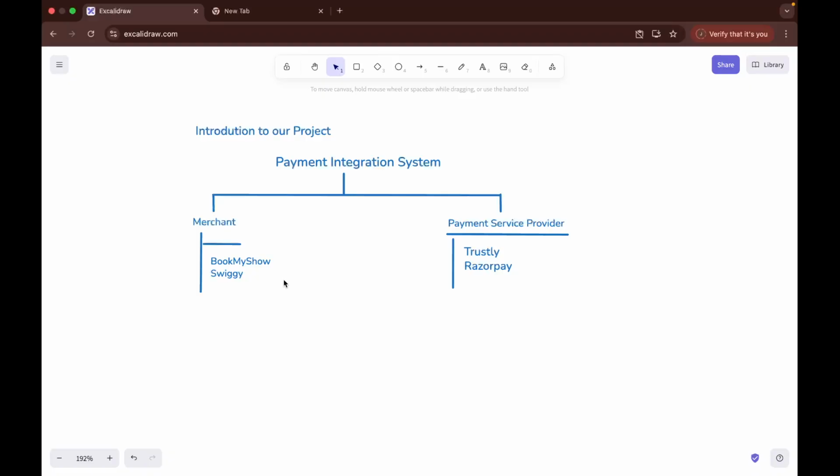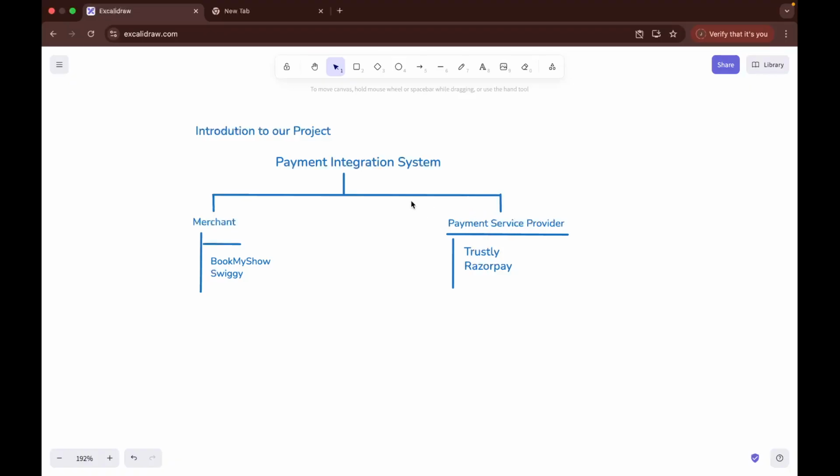The merchant requests the payment from the payment integration system, which checks the business logic and some operations, and also checks that the payment is valid. If the payment is valid, it further processes the payment.